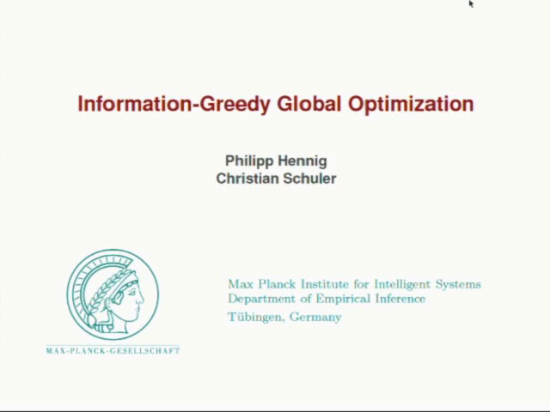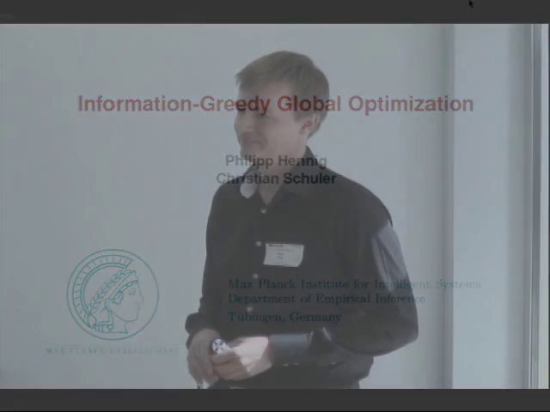Okay, it's a great pleasure to have Philipp Hennig here. He's currently at the Max Planck Institute in Tübingen. We also have a bit of a history together. I had the pleasure of co-supervising Philipp's PhD thesis together with David McKay.